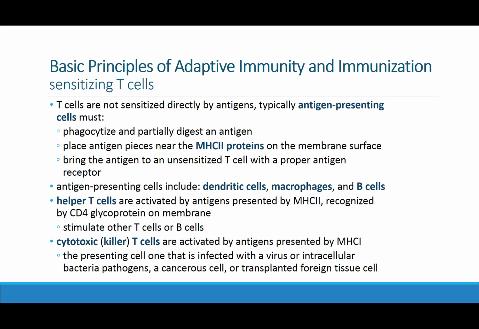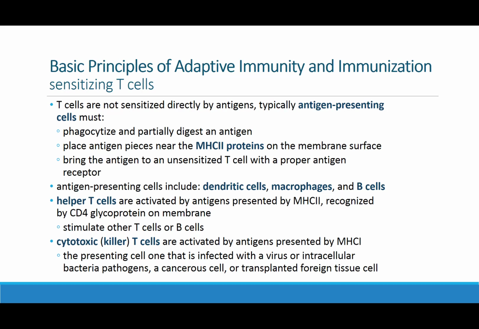And then the antigen-presenting cell will take that antigen to an unsensitized T cell that has the capacity to interact with the antigen. Remember, there's that whole army of randomly built T cells that have the capacity to bind antigens. When the antigen-presenting cell finds one, then it can activate that T cell.